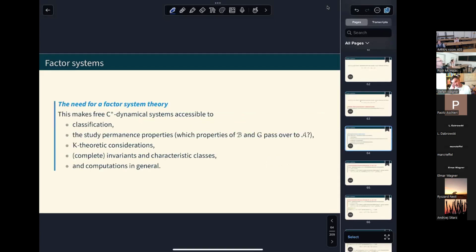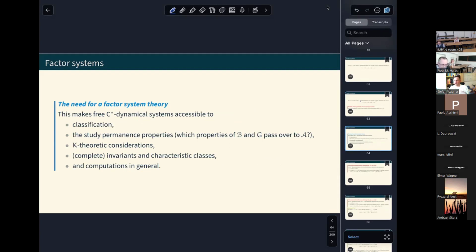So why would you like to do this? Well, this makes free C*-dynamical systems accessible to classification. That was one of the reasons I did this. I was wondering, if you look at the definition of the Ellwood condition, this does not involve the fixed point algebra. So my question always was, how can you classify them?